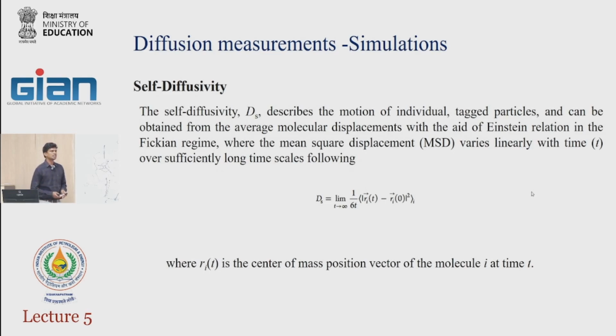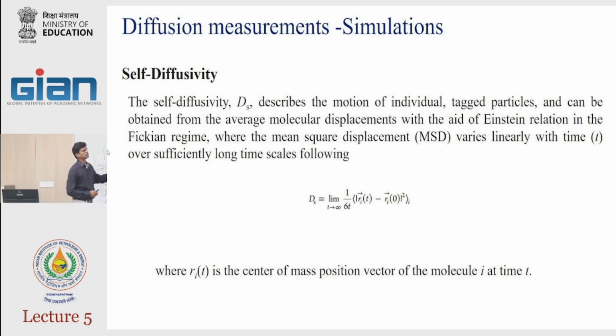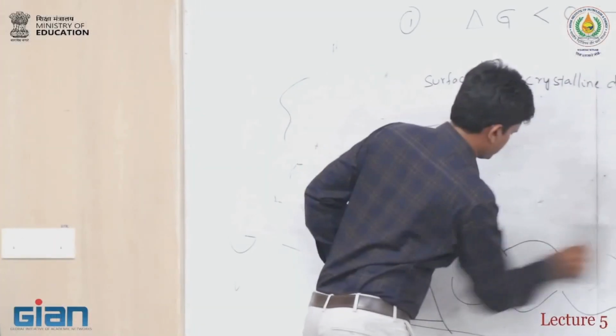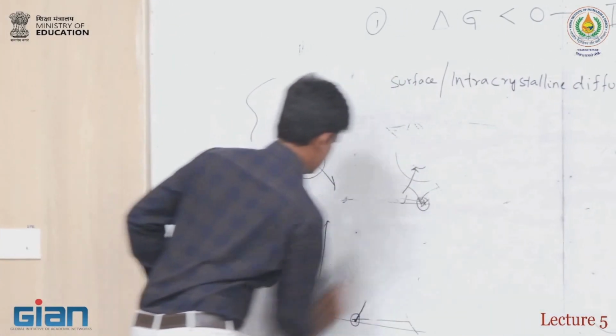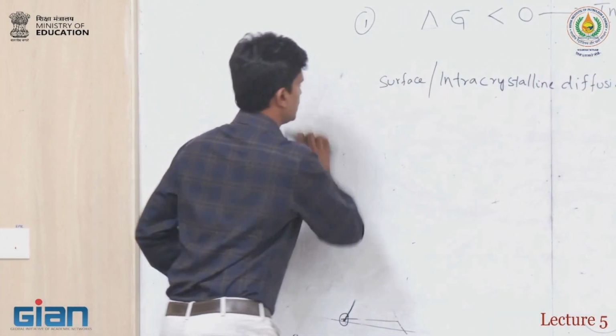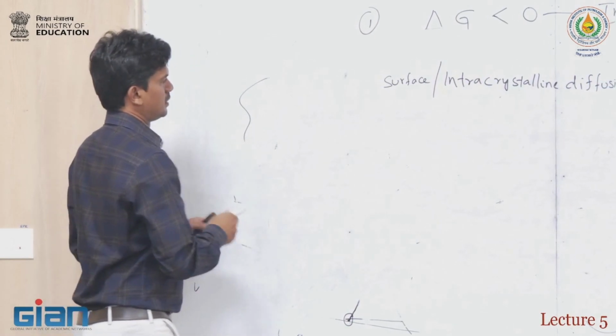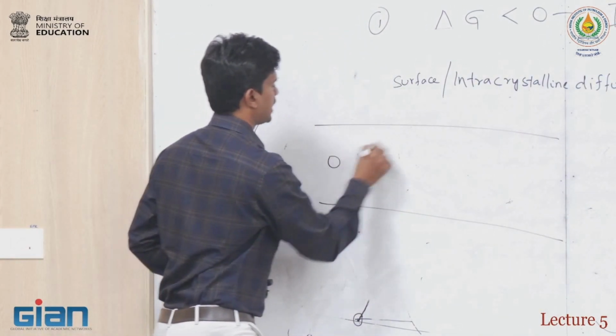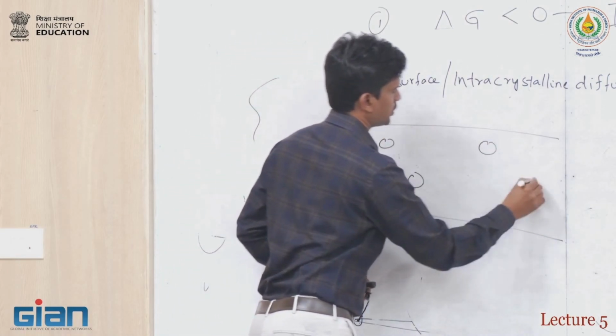so these are the diffusivities that we try to compute from simulations. The first one is self diffusivity, right? What we try to do in self diffusivity is that you have a pore like this, and then you have 10 molecules diffusing through this pore.